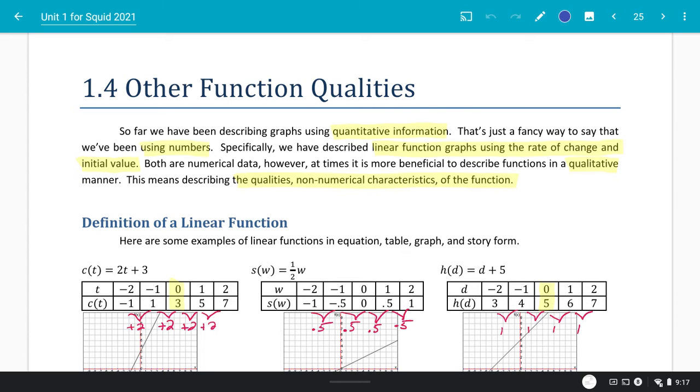We also talked about delta y over delta x. What does the Greek symbol delta mean?